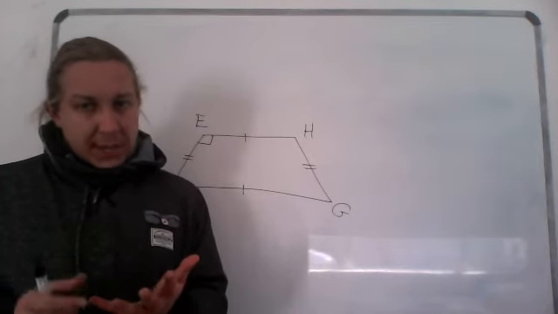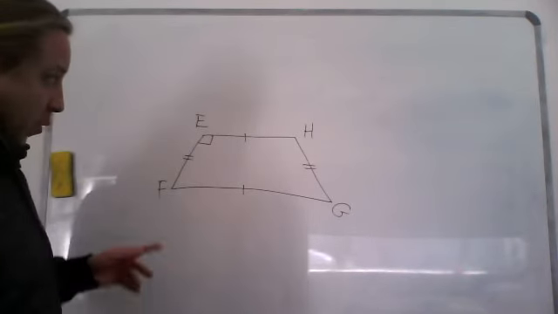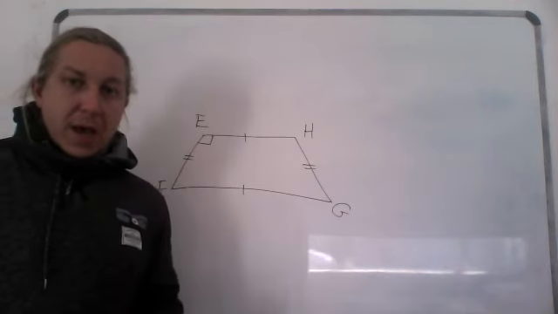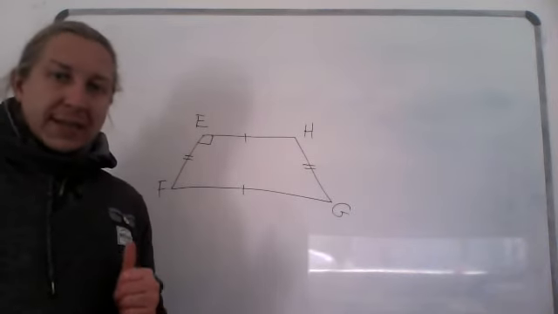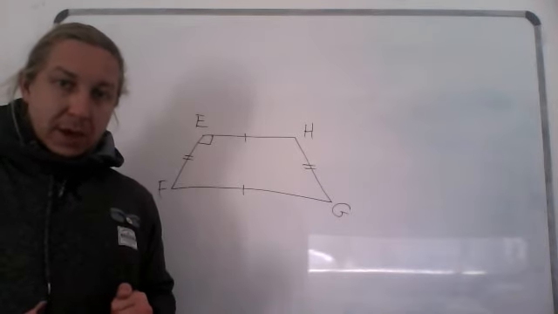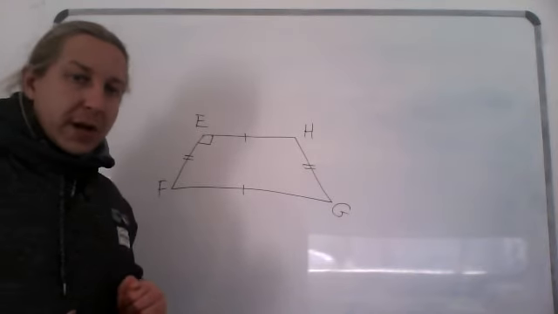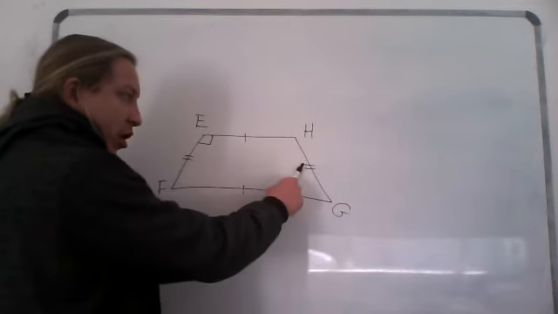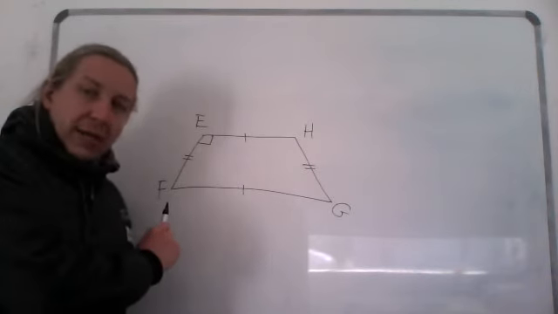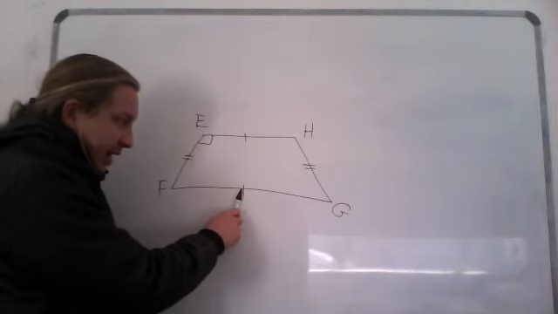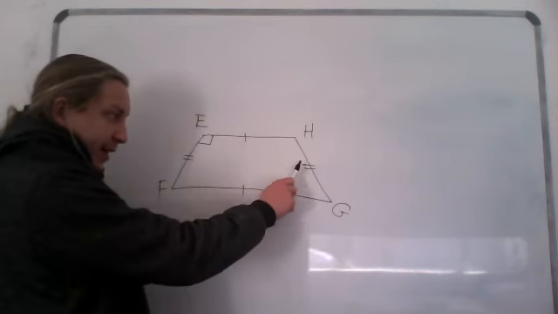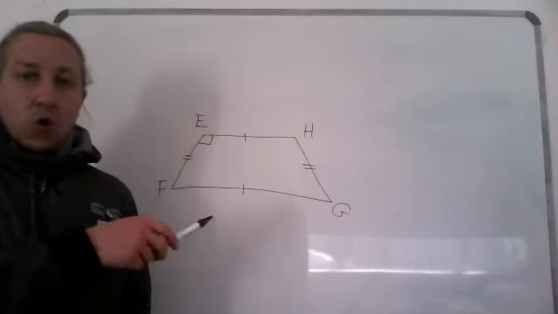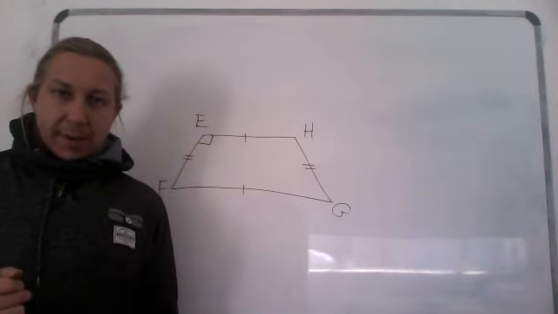Can we conclude that this is a square? The answer is no. We cannot conclude it's a square because we weren't told that all the sides are equal. They only said that this side equals that side and this side equals that side. So from the information given, we cannot say that all the sides are equal.